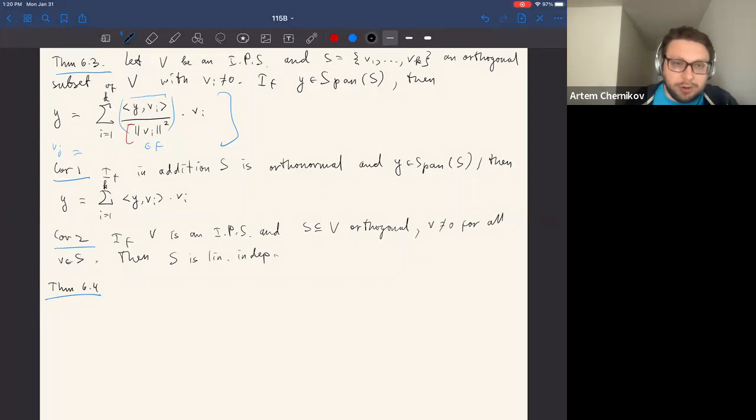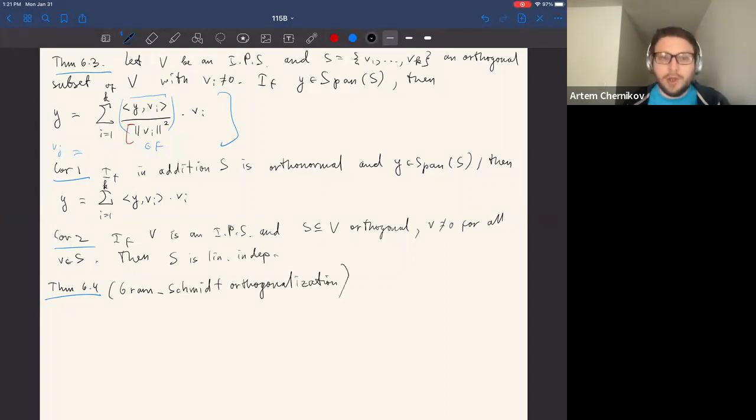This is the so-called Gram-Schmidt orthogonalization process. So a very important result, which tells us that it's always possible to find an orthogonal or even orthonormal basis. Okay, so Gram-Schmidt orthogonalization. Some long words, but anyway, Gram-Schmidt.